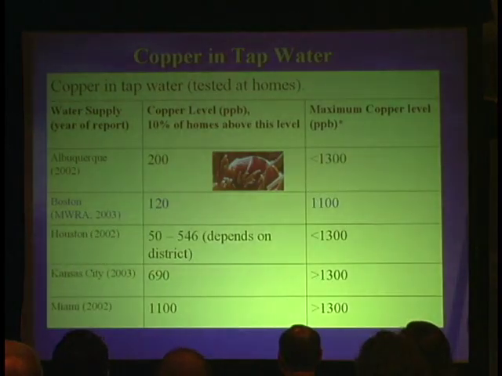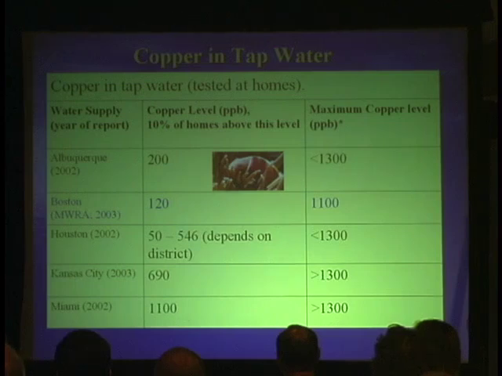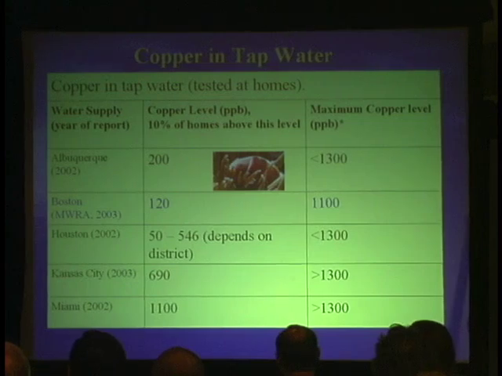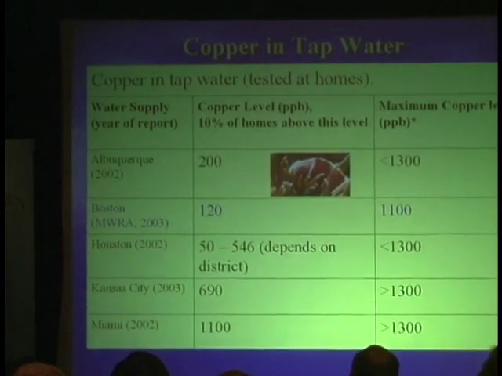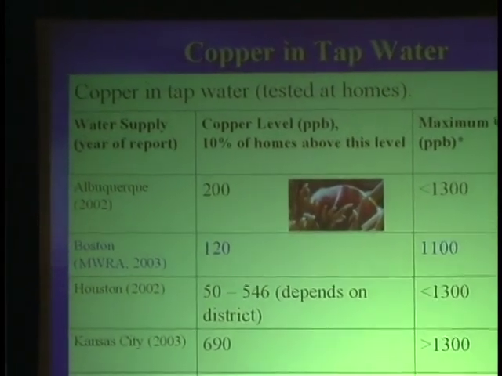So let's look at what's in tap water. These are copper measurements that were taken by the utilities that are supplying water to these folks. Here in our hometown of Boston, in the second row, 10% of the homes tested had more than 120 parts per billion of copper. And in the test that they ran, at least one home had 1,100 parts per billion.